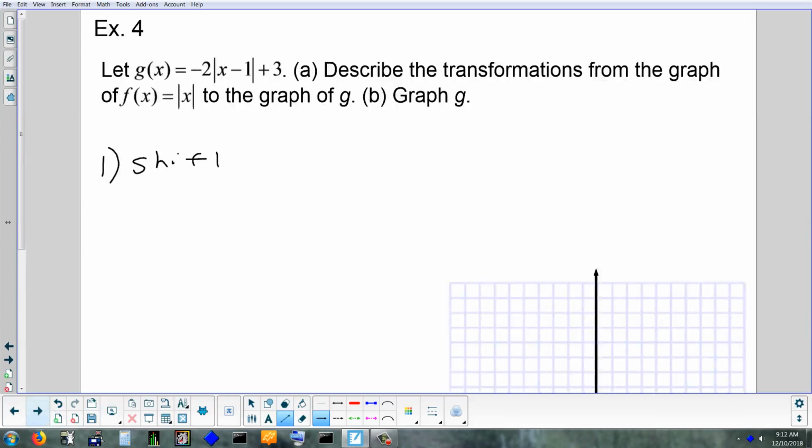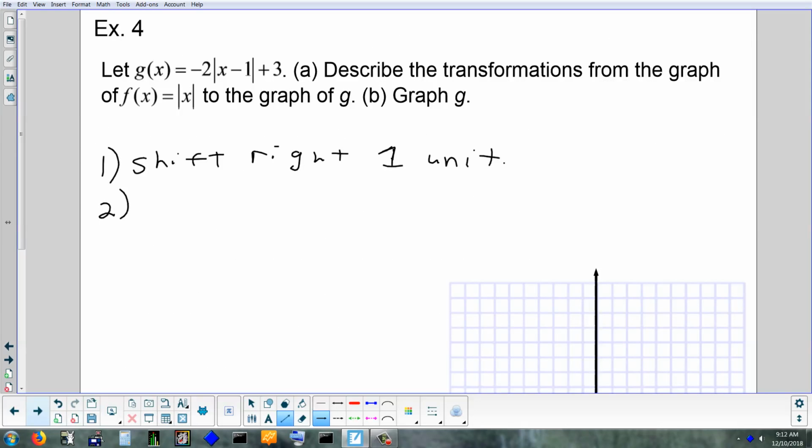Shift to the right. Inside is always horizontal. Shift right, how many? 1 unit. Shift right, 1 unit.